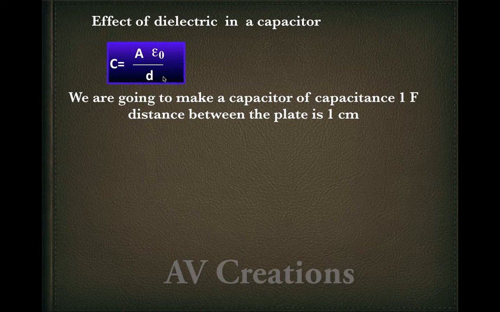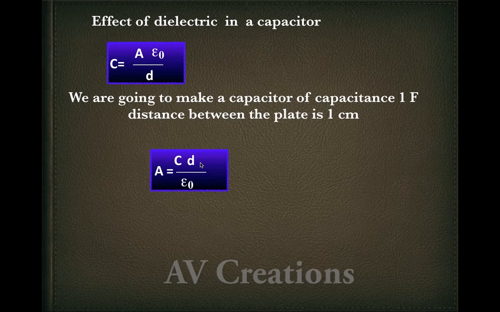So from this equation we can make an equation for the area of that capacitor. What will be the area? The equation is A is equal to CD by epsilon 0. So we are giving those values.